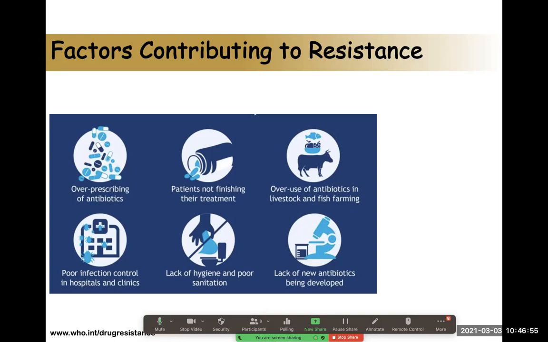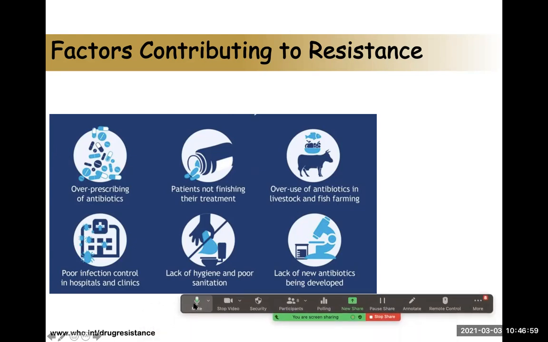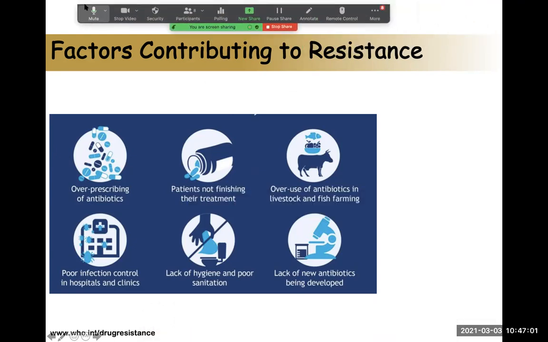And the other reason is when somebody gives you a prescription, you never complete your prescription, right? You say, oh, I feel better, now I should stop taking it. But what have you done? When you take antibiotics, you kill the first layer of bacteria, and the second layer is sort of sensitive, but it's still there.